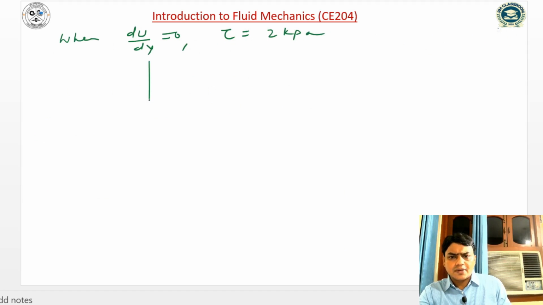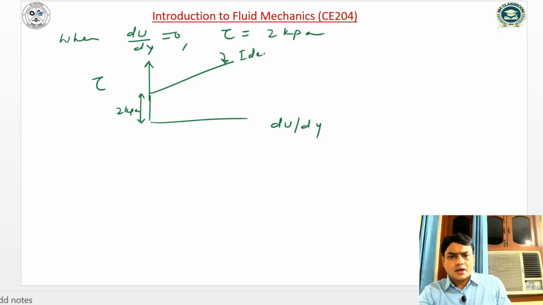So this is the example if I draw it. This is shear stress and this is du by dy. This value is 2 kilopascal. This is ideal plastic or Bingham plastic.